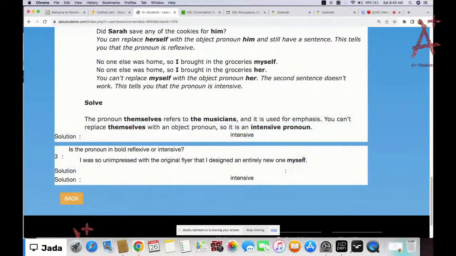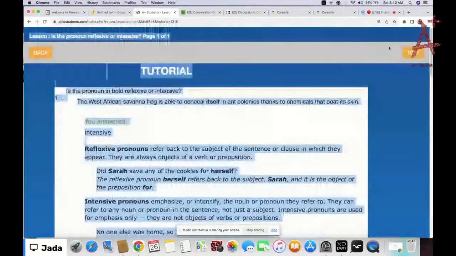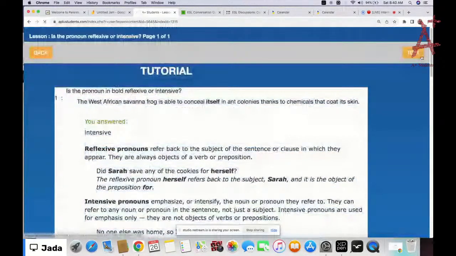No. There's nothing that is gonna work to replace self here because it is intensive. It's emphasizing I. So are we gonna say entirely new one herself? No. Himself? No. Itself? No. It doesn't work. So this is intensive. Okay, so let's move on to the test and try sending your answers if you have an idea.